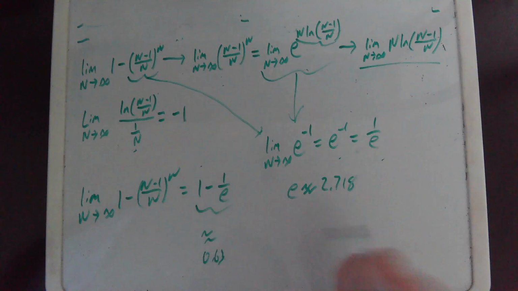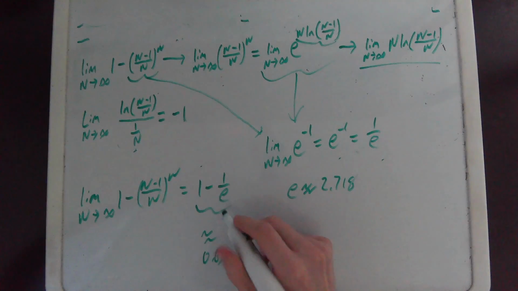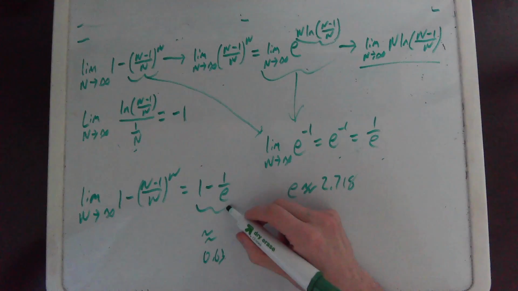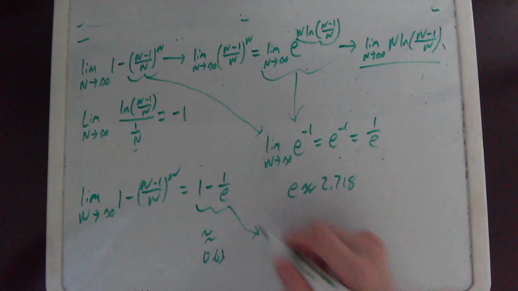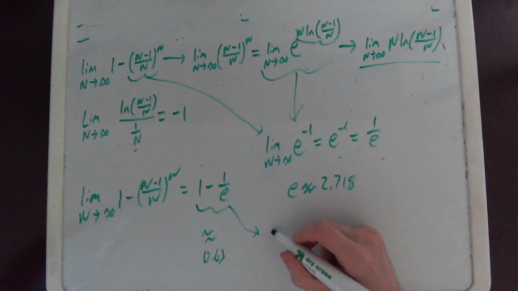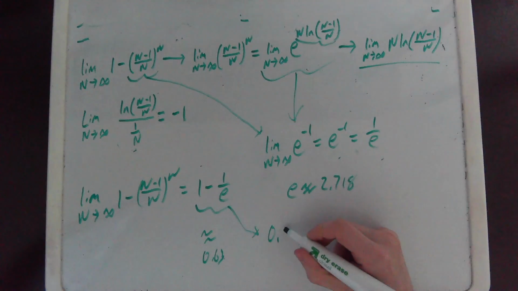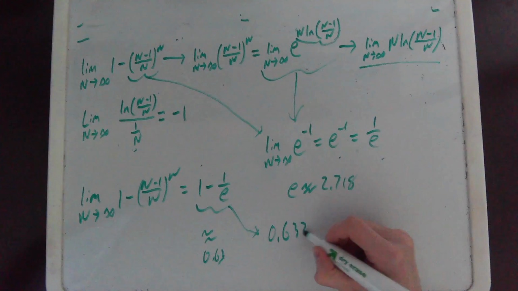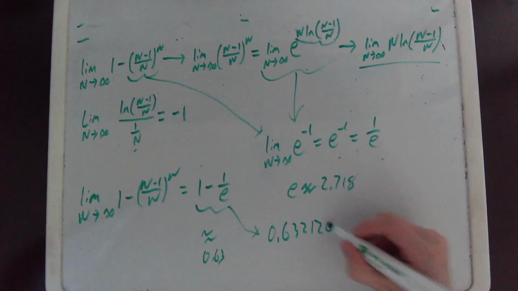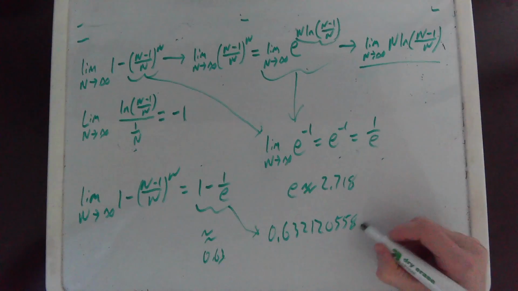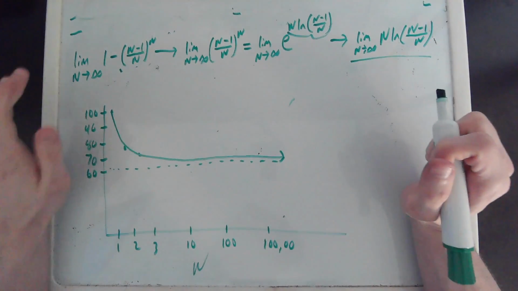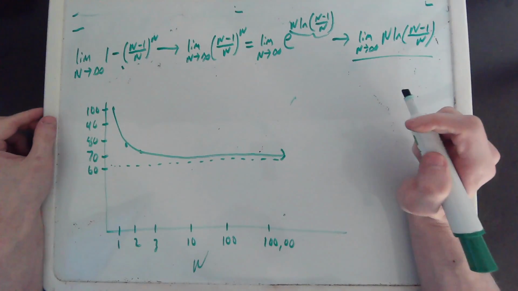I just turned around really quick and went on my computer and computed this. I evaluated this 1 minus 1 over e, and with some more precision, it became 0.632120558.